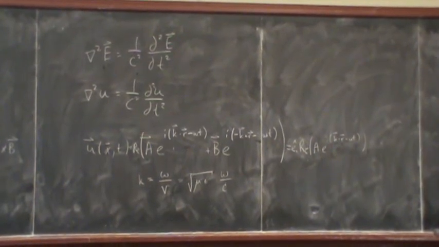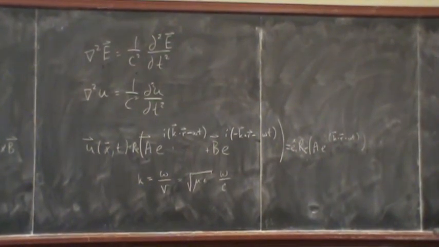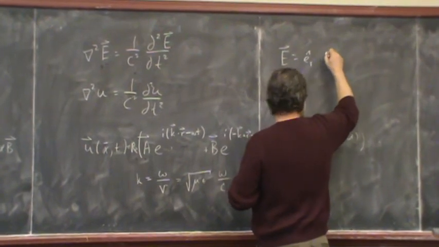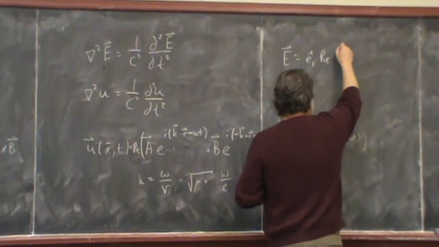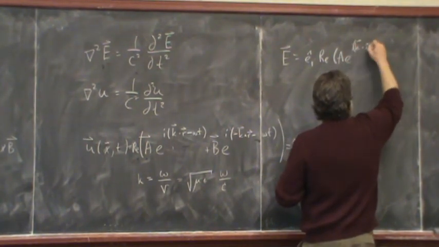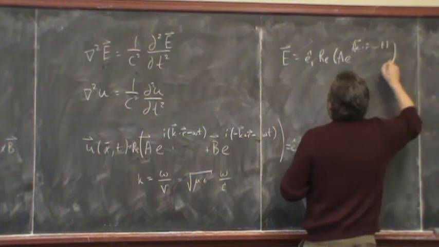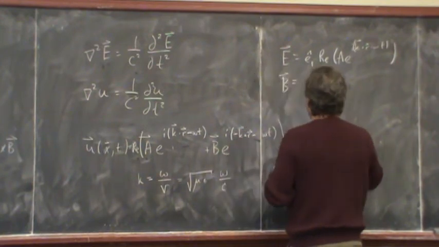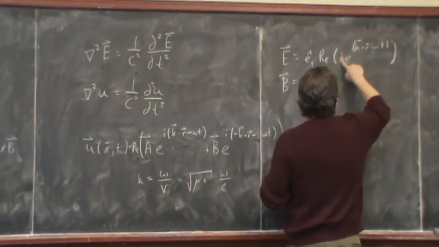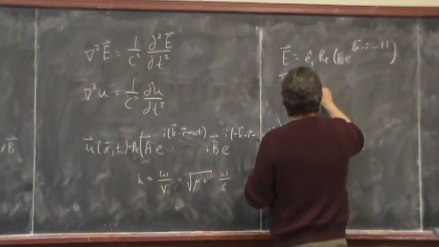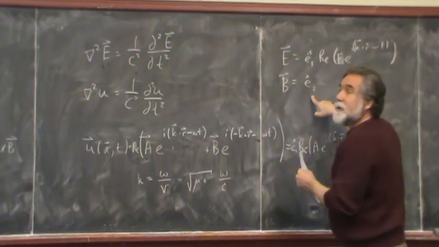Okay? And the magnetic field will actually be related to the electric field. So I can write the electric field, let's say, as E1 hat, real part of an amplitude A e to the i, and my magnetic field is going to be directly related to that. Actually, I'll write this as E0 here. And the magnetic field could be pointing in another direction.